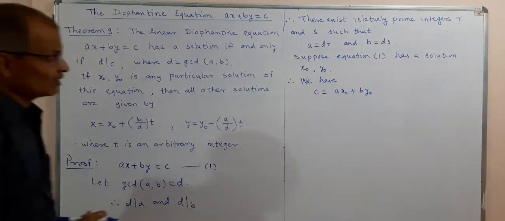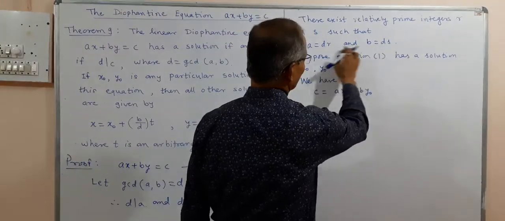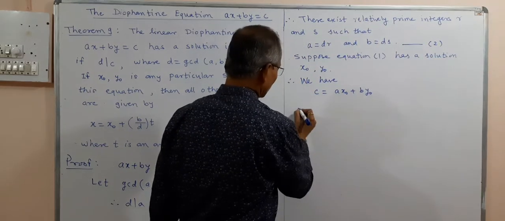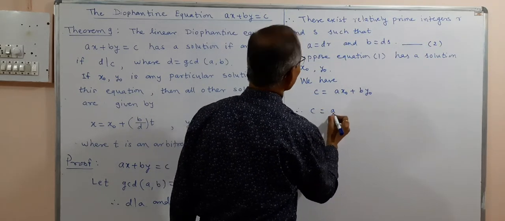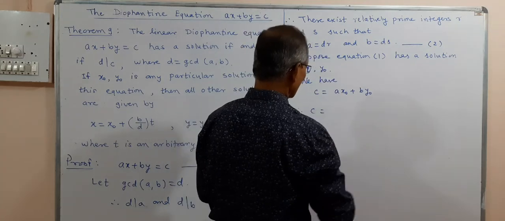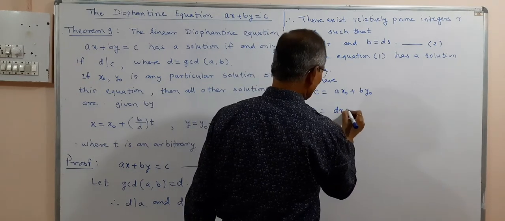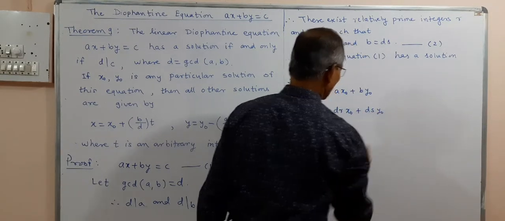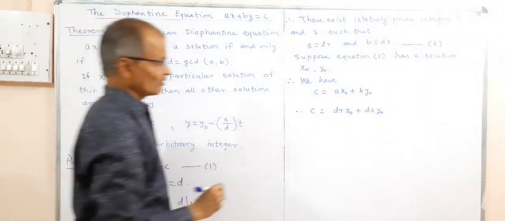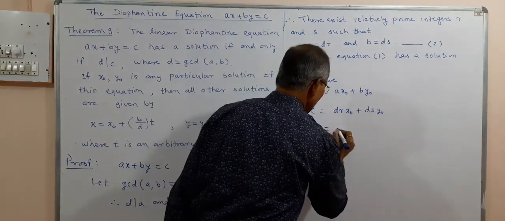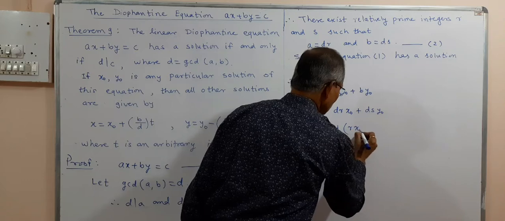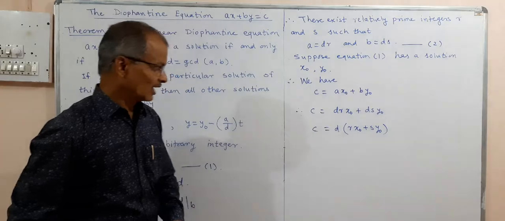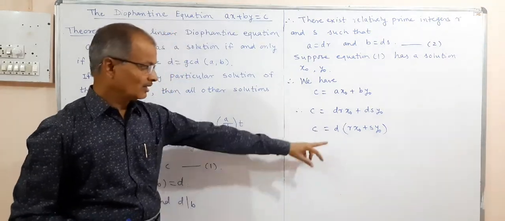Now in this we shall use the values of a and b from the second relation, or therefore c is equal to a is d into r x naught plus b is d s into y naught. And now we can take d common. So this is c equal to d into r x naught plus s y naught. And clearly this shows that c is a multiple of d, or d divides c.